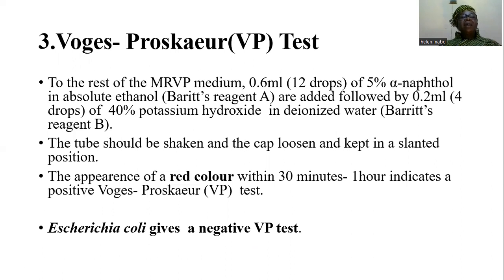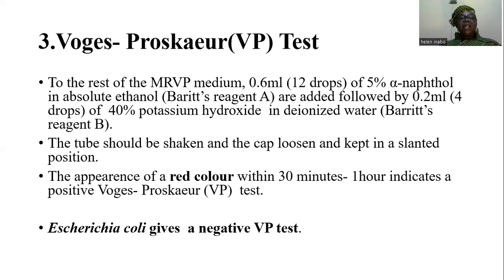To the rest of the MR-VP medium, 0.6 ml of 5% alpha naphthol in absolute ethanol, which is actually Barritt's reagent A, is added, followed by 0.2 ml or 4 drops of 40% potassium hydroxide in deionized water, which is actually Barritt's reagent B.